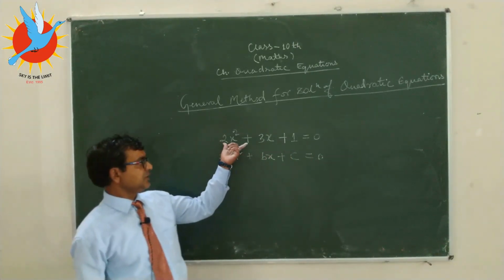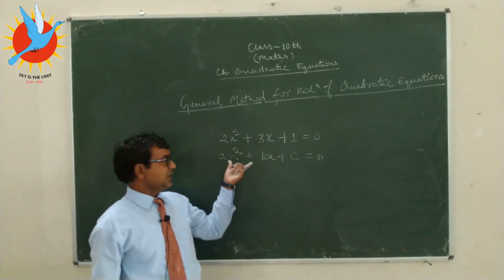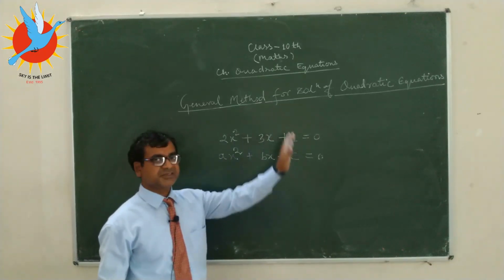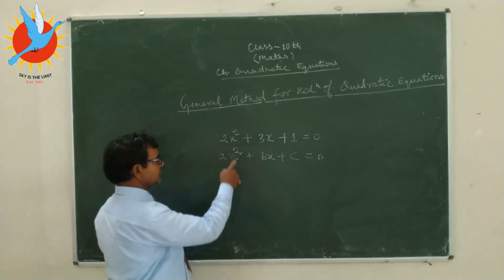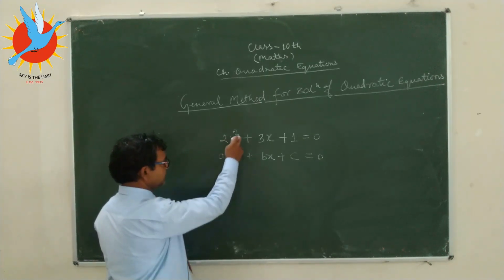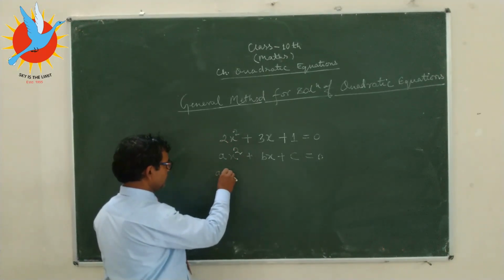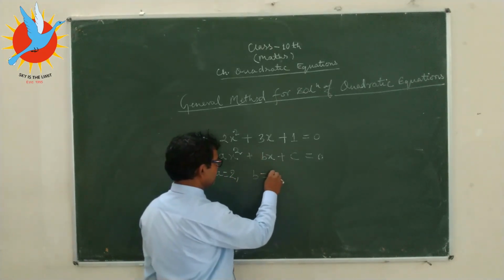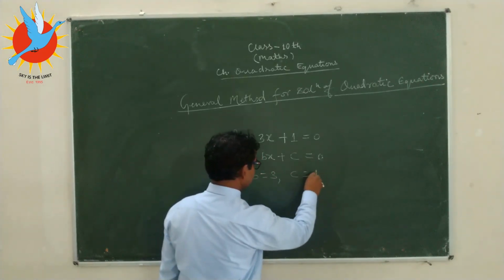This is a polynomial and this is also a polynomial. So compare the terms ax square, x square. So the coefficients of these two, if both are the same, a equal to 2 and b equal to 3 and c equal to 1.